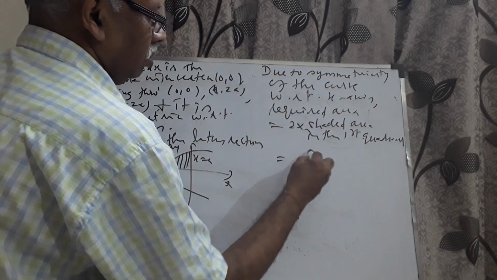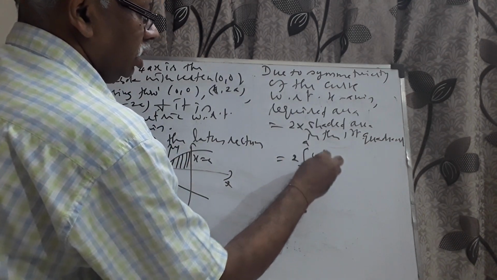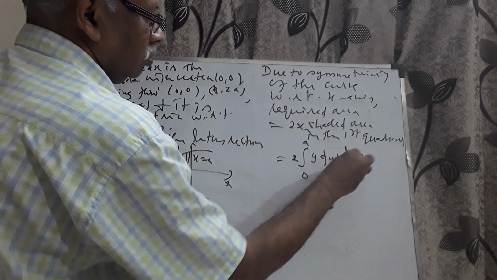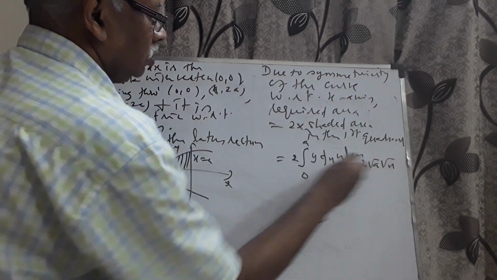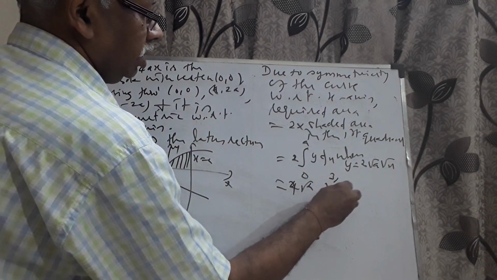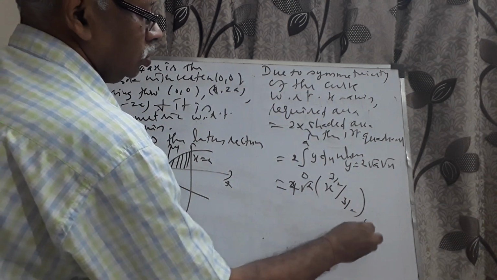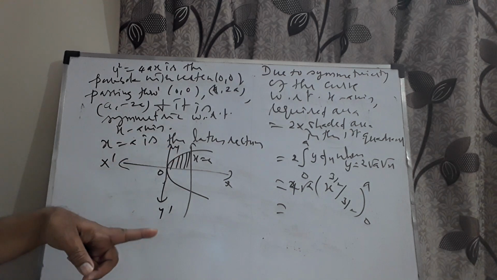which can be given by twice of integral 0 to a of y dx, where my y is 2 root a root x, which is 4 root a x power 3 by 2 by 3 by 2, from 0 to a. Just see here, 2 into 2 root a becomes 4 root a.